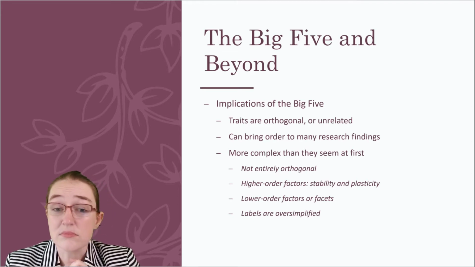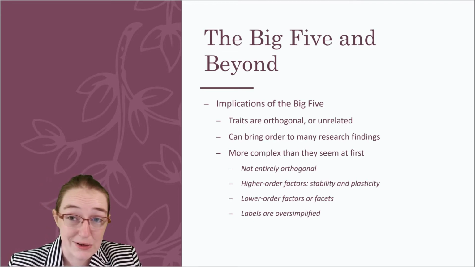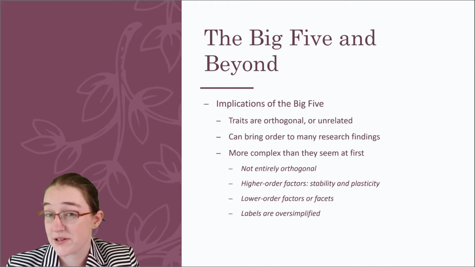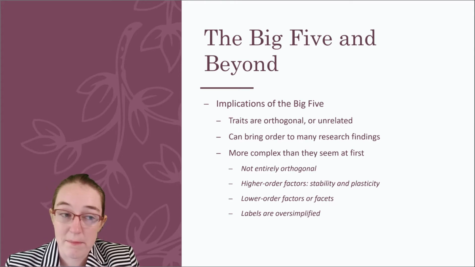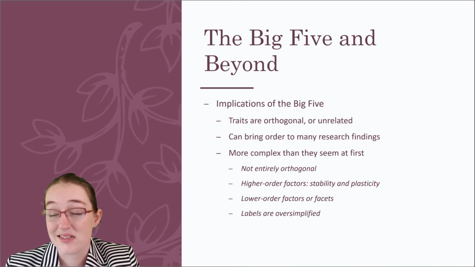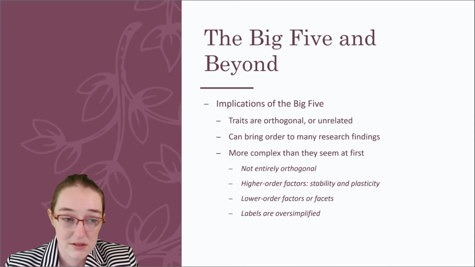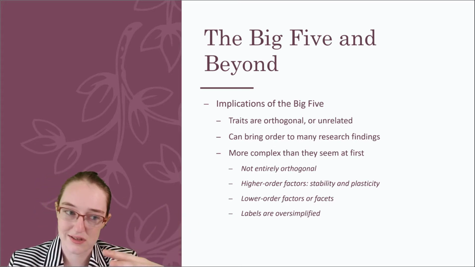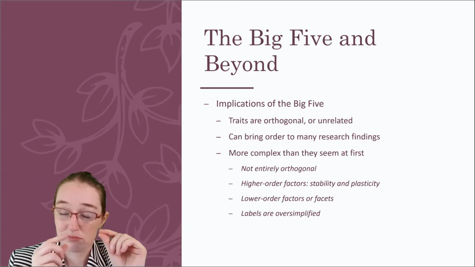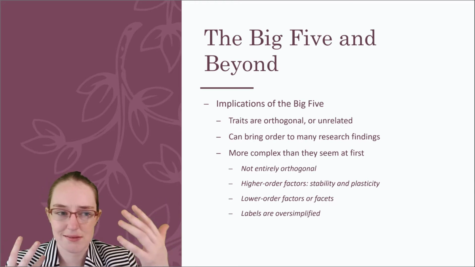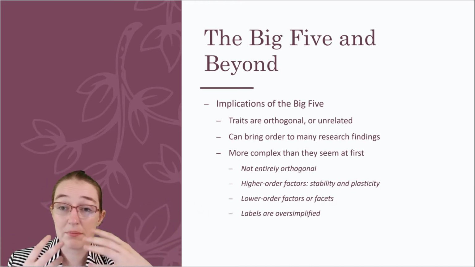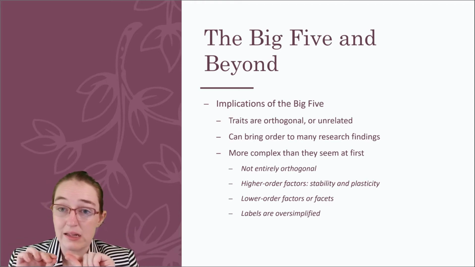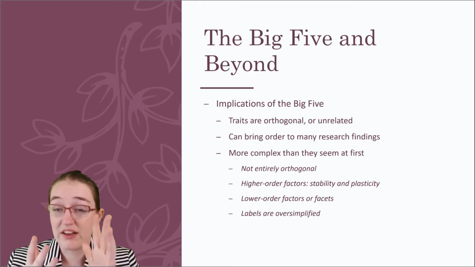So the most awesome and great thing about the Big 5 is it provided order to a lot of other research findings. With a lot of the single trait approaches, you would have whatever the researcher was interested in. So maybe honesty, which is not a random trait, and it makes sense you'd be interested in it, but seeing how people are linked to honesty would give you a lot of information.